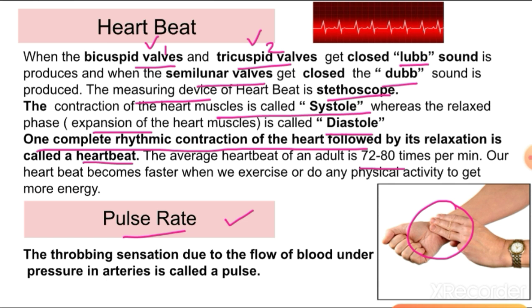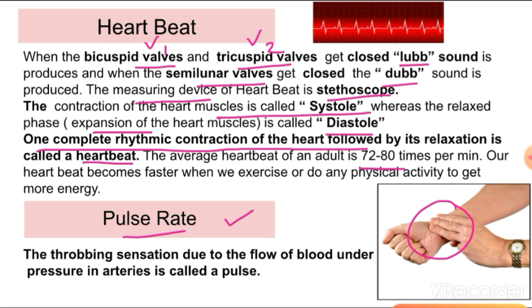How can we feel the heartbeat here? We have learned that arteries carry the blood, and in arteries the blood flows with high pressure. Because of high pressure, we feel throbbing in the arteries when the heart contracts and relaxes. We get that throbbing sensation from the arteries at particular sites, like the wrist or the neck.